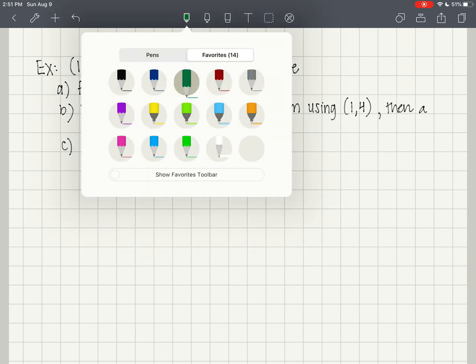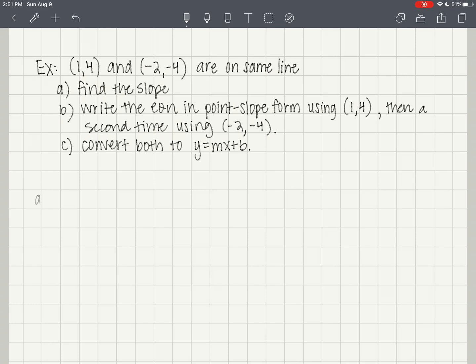So let's take this nice and slow. Let's first do the first part: the slope between those 2 points. Remember, I like to write them vertically so that my brain doesn't pull the wrong values. So the slope is going to be, I can choose 4 minus -4, or I can choose -4 minus 4.